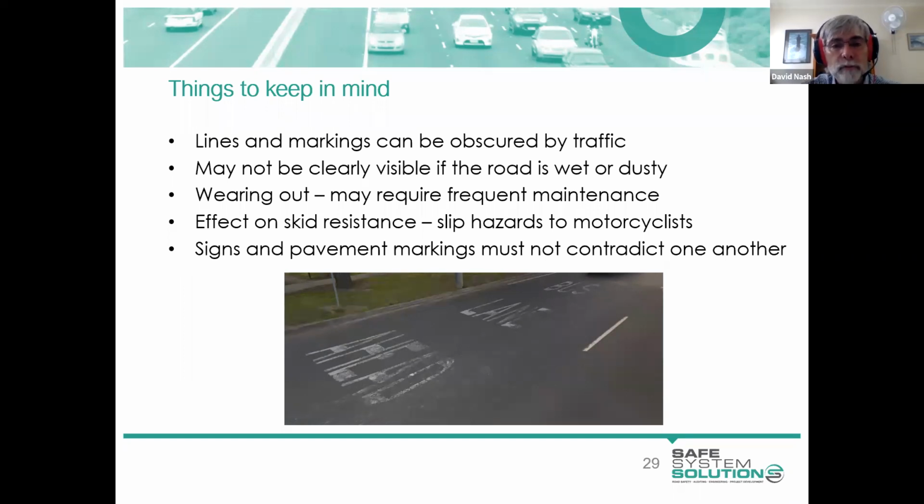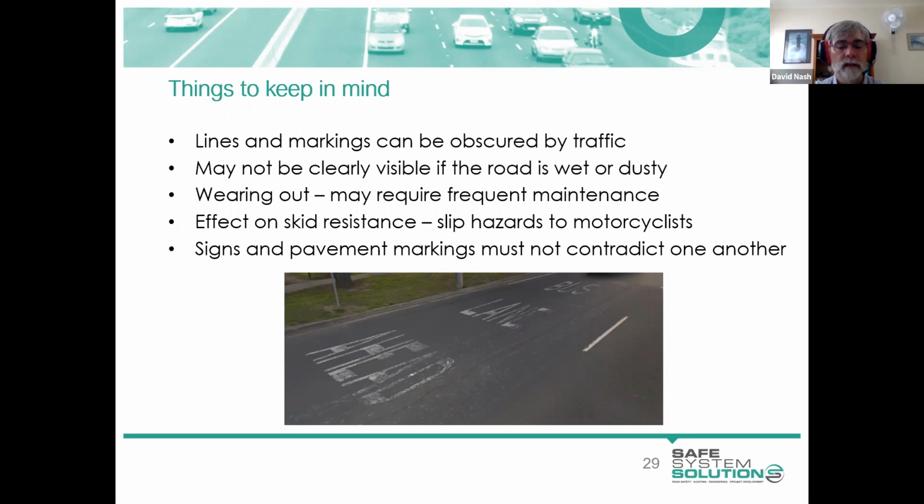But that's never going to be perfect, and therefore the line marking can be a little bit of a hazard, particularly to motorcyclists. If they're trying to brake and their tyres go over a bit of white paint which has a different skid resistance to the surrounding pavement, then they might lose control.